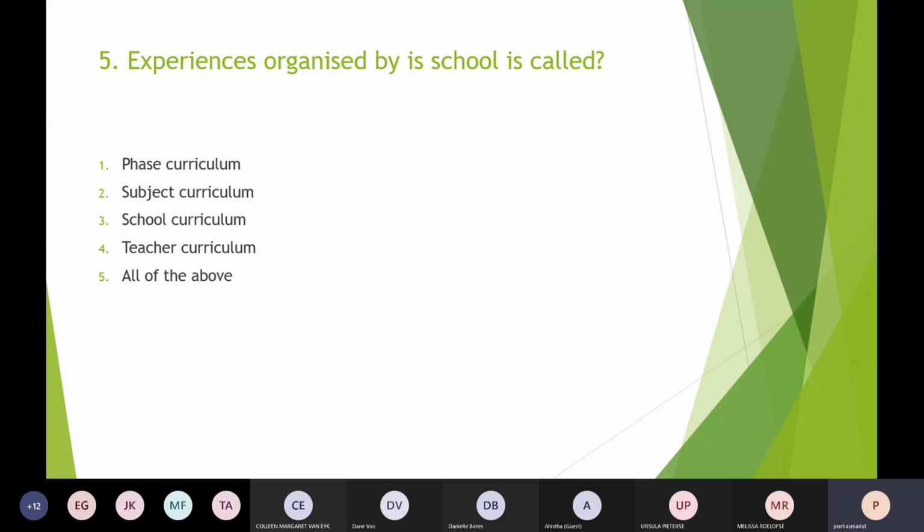Which description should base the experiences that are organized by a school when they develop a curriculum? Is it phase curriculum, the subject curriculum, school curriculum, teacher curriculum, or is it all of the above? What do you think?